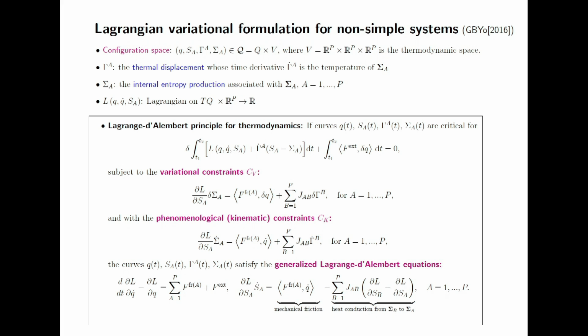On the right-hand side, the first term is the power associated with the mechanical friction, and the second term is the power associated with the heat conduction between the subsystems. So we can develop the full equations from this variational principle.